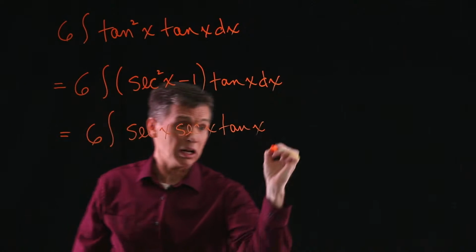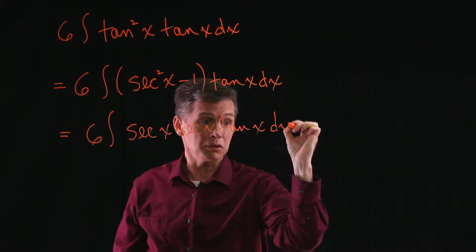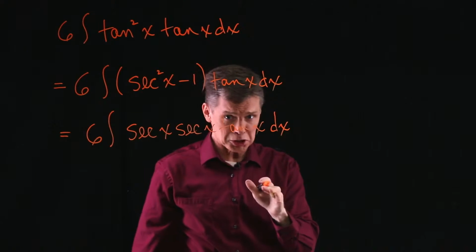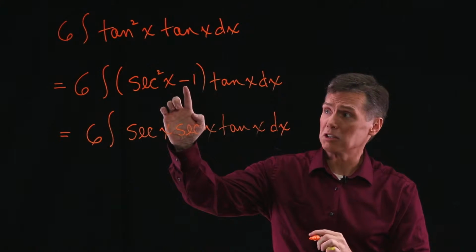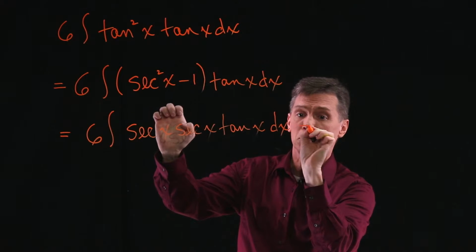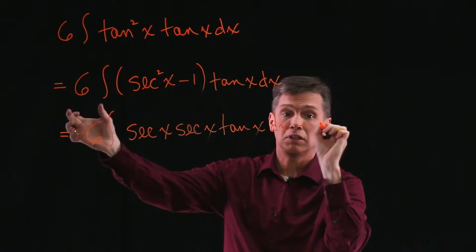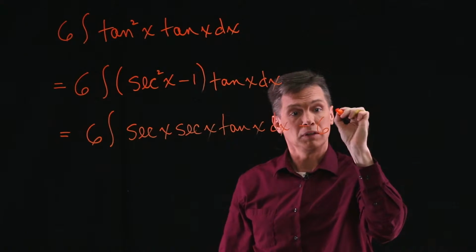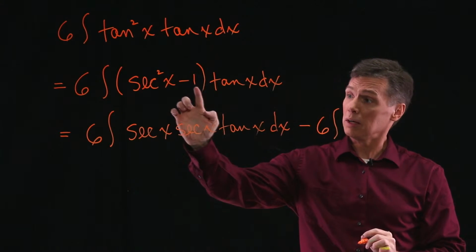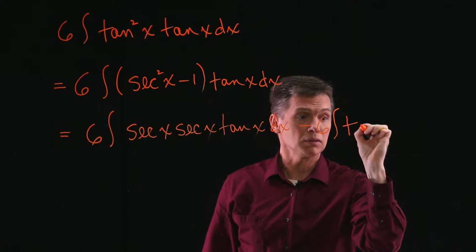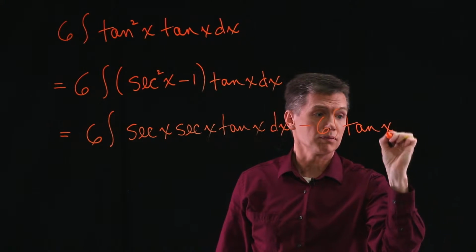And you'll see I'm even going to split apart the integral at this point. My algebra should not be too difficult here for you to follow. This subtraction sign right here is now going to be subtraction between two integrals. I still have 6, the integral, and then I'm still distributing, and I just have my 1 times tan x dx.